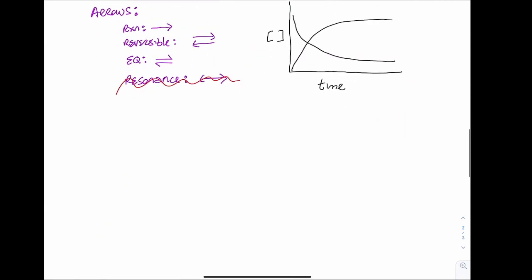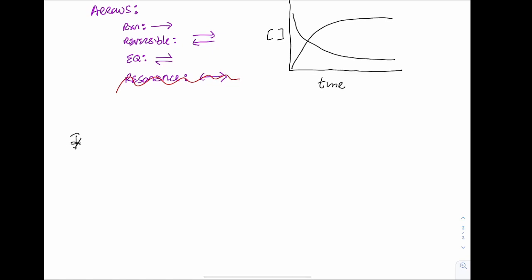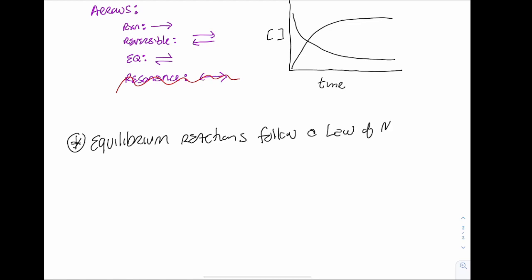Equilibrium reactions do follow what's called a law of mass action, also known as an equilibrium constant expression. So equilibrium equations follow a law of mass action, which I hardly ever use that term.